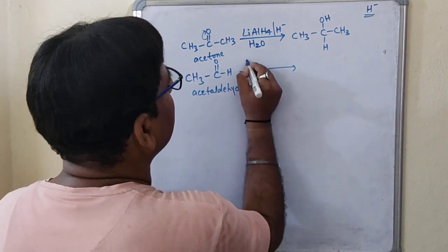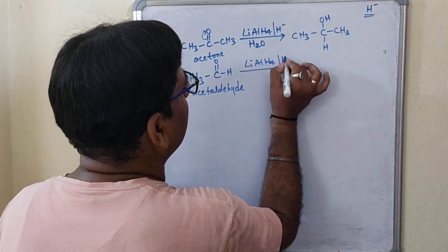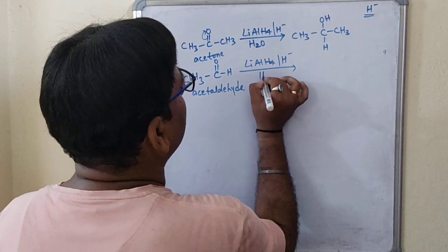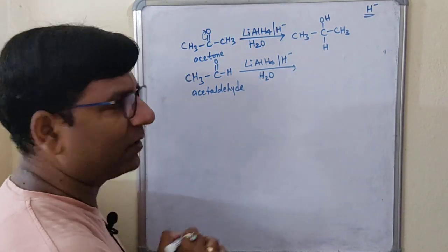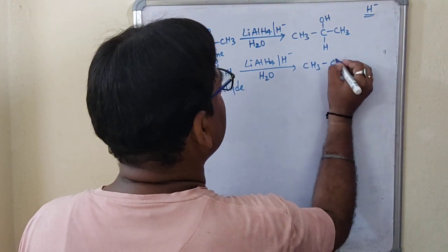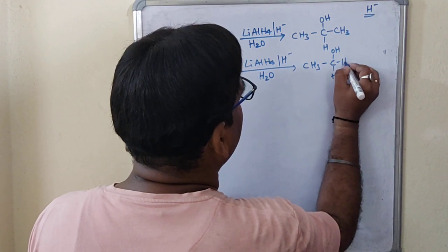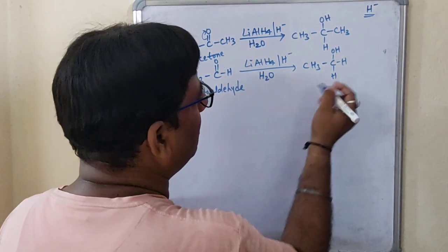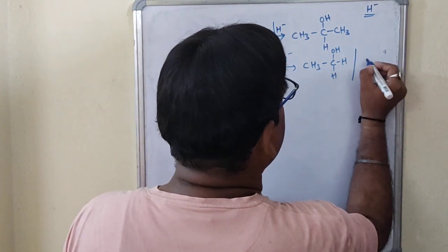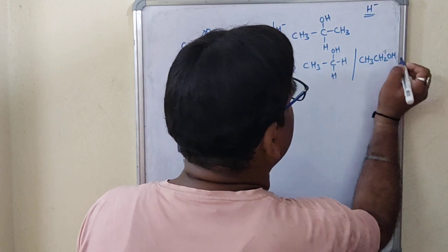The same reagent I am using, that is LiAlH4, means we will use the H minus of it, the hydride ion of it, in the presence of water. What will happen? The same thing. This is CH3, C, here it will be OH, here it will be H, and here it will be H. Means in total, if you arrange this structure, you can write it like this: CH3, CH2, OH.